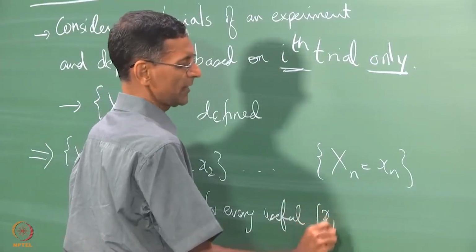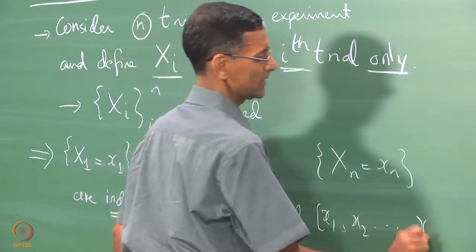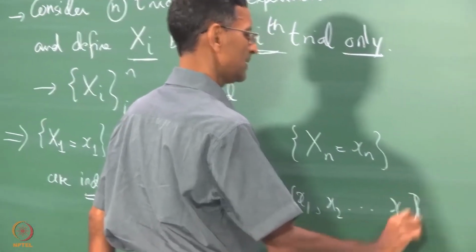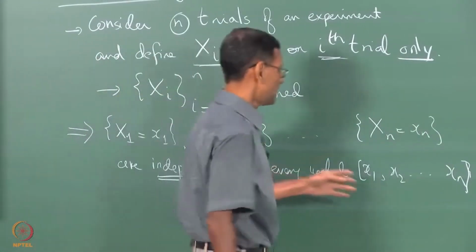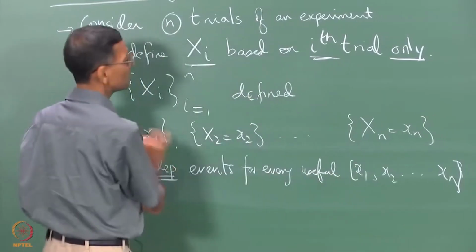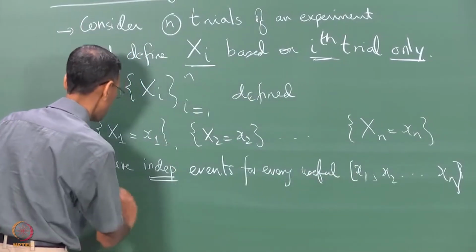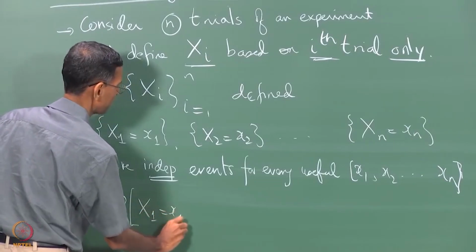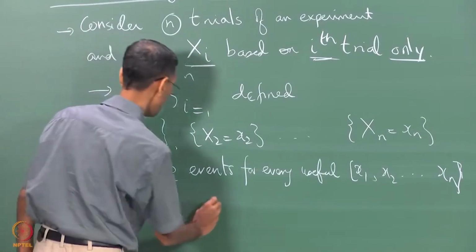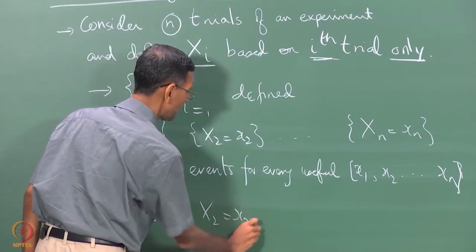So you have an n vector that you're going to look at. What do I mean again by useful? This joint probability has to be positive. I don't want this joint probability to be 0.